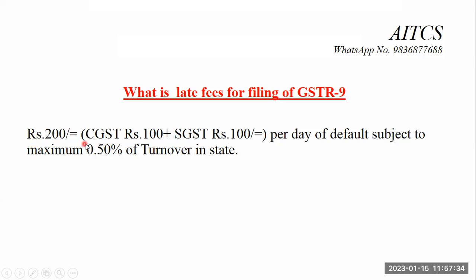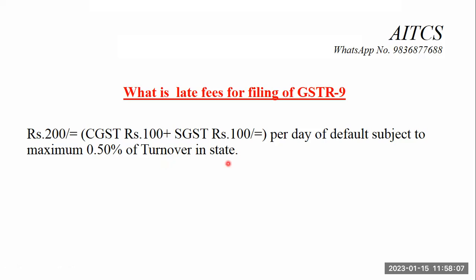One is 200, among them CGST 100, SGST 100, rupees 200 per day of default. The default period is multiplied by 200. Suppose the return is delayed by 5 days. Then 5 days into 200 means 1000, and the maximum is 0.50% of turnover in the state.